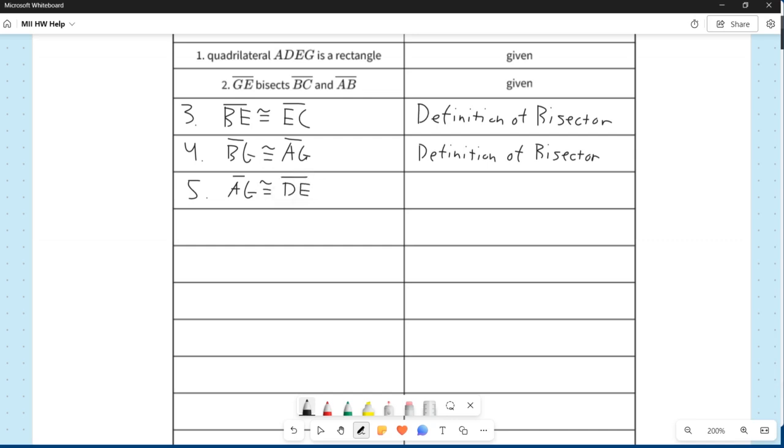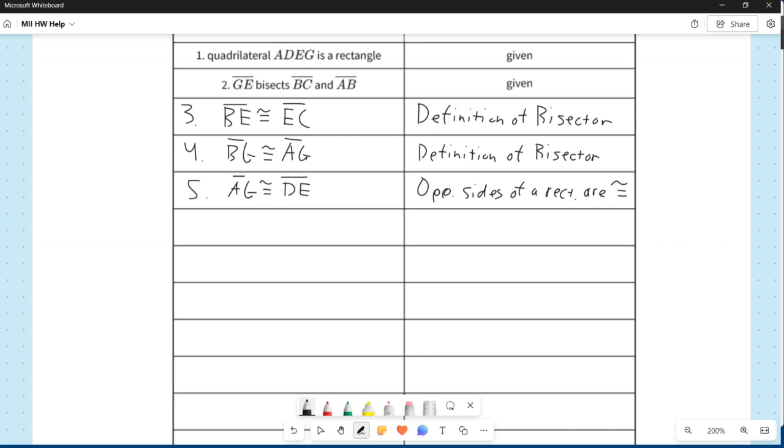just like we said earlier. And we have to be able to back that up somehow. And the way that we can back that up is by saying that we know that opposite sides of a rectangle are congruent.